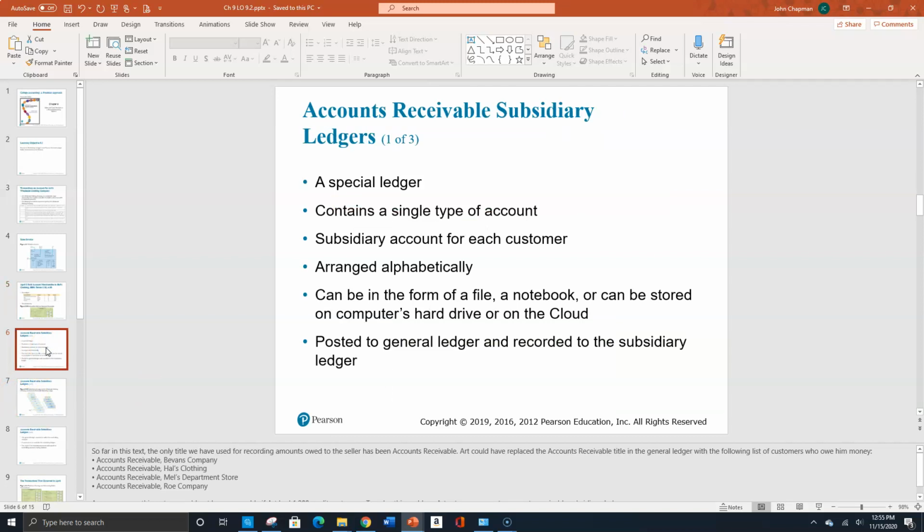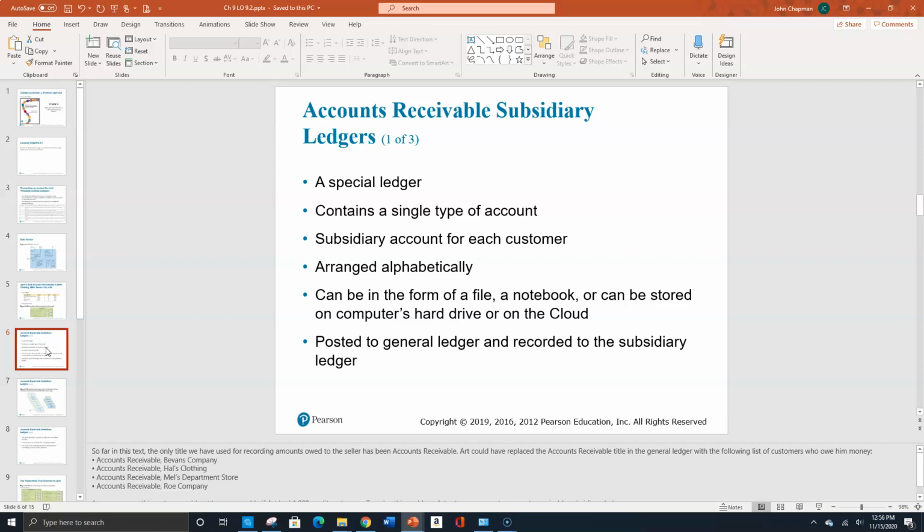Okay, accounts receivable subsidiary ledgers. This is a separate ledger than our normal ledger. It's a special ledger that contains a single type of account, a subsidiary account for each customer. So we're going to have a subsidiary accounts receivable ledger. Just like we have a ledger account for accounts receivable, now we're having subaccounts for that accounts receivable ledger.